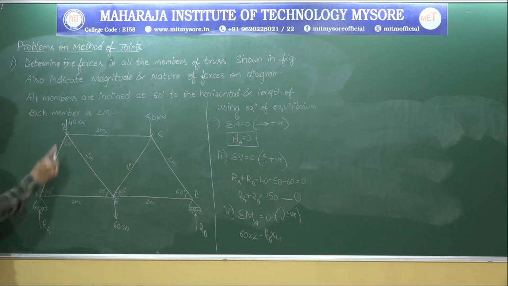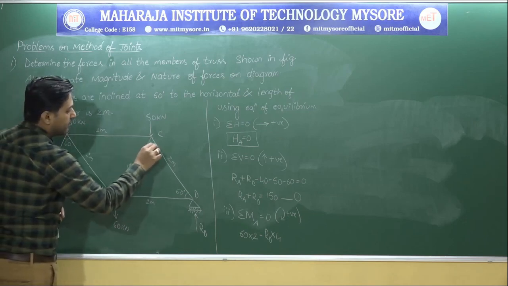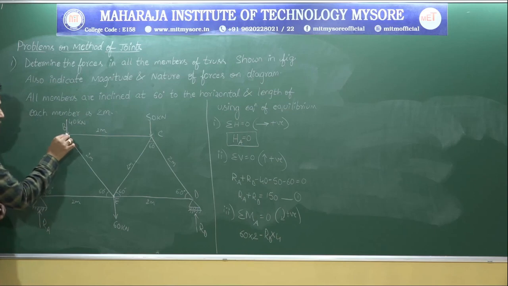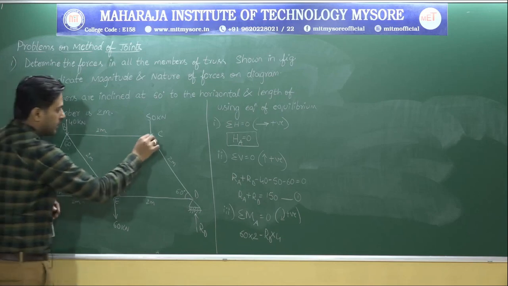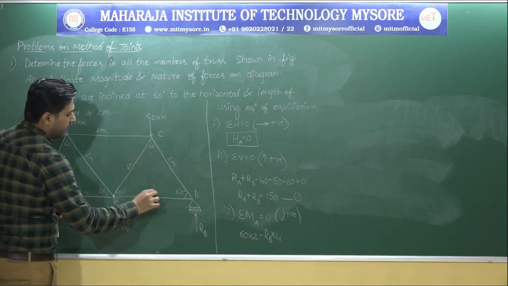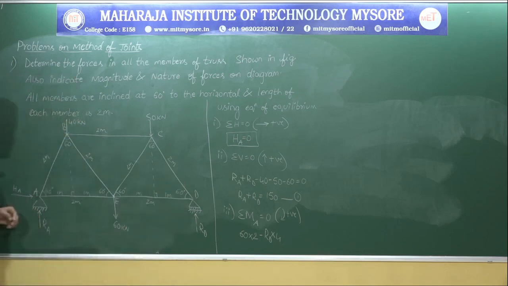Yes or no? The reason is the sum of the interior angles of a triangle should be 180 degree, so it's an equilateral triangle. Whenever you drop a perpendicular from an equilateral triangle, it divides the entire base into two equal parts. Here also the same thing.